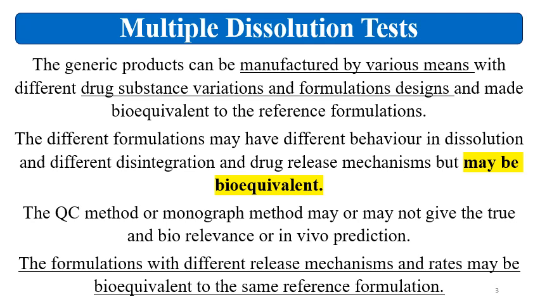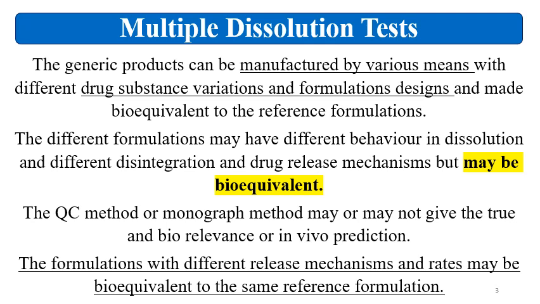Also, generally the finalized QC method by the innovator formulations are given for monograph inclusion. So these QC methods may or may not give the true picture about the biorelevance.